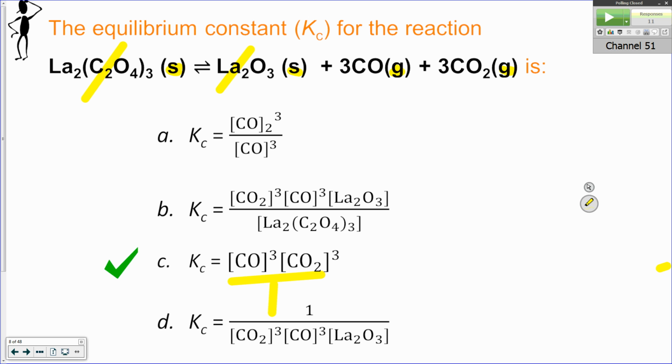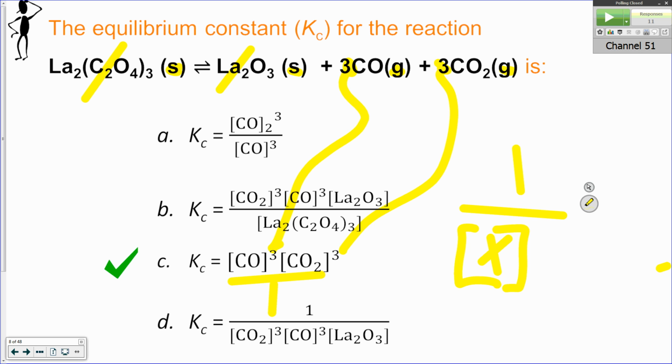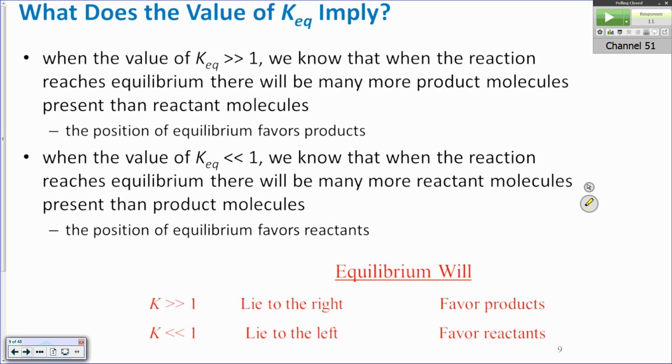Now, if it would have been on the reactant side, you could have 1 over the concentration of whatever X or Y was, raised to whatever power you need to. Just remember to put the coefficient from the stoichiometry in, raising it to the power. Okay? All right, those are not too tough to do. Just remember what appears and what doesn't.